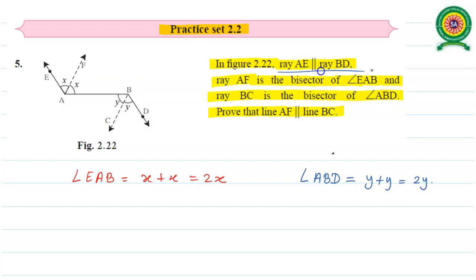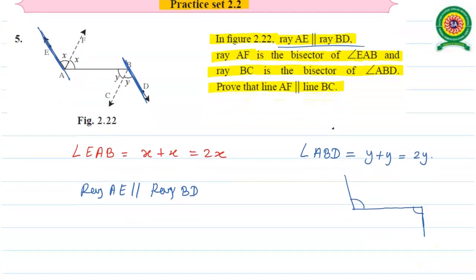Now we are given ray AE is parallel to ray BD, so once the lines are parallel, which type of angles do we have? Alternate angles, those formed in the rotation of Z. So once lines are parallel, the pair of alternate angles formed are equal in measure.